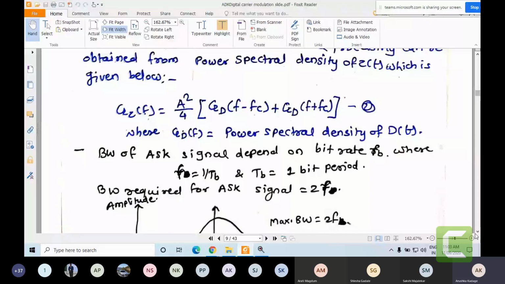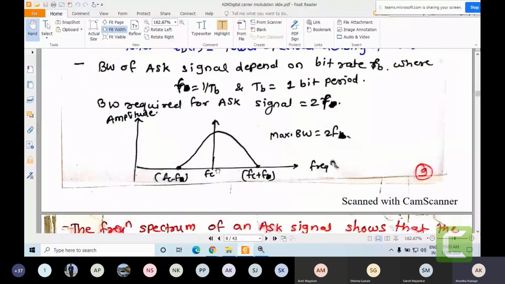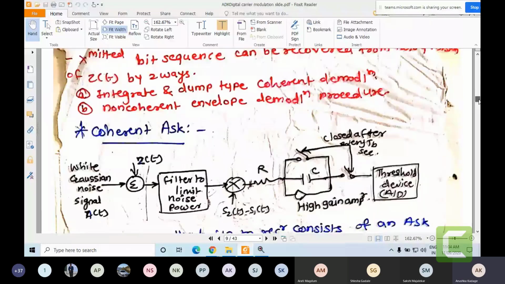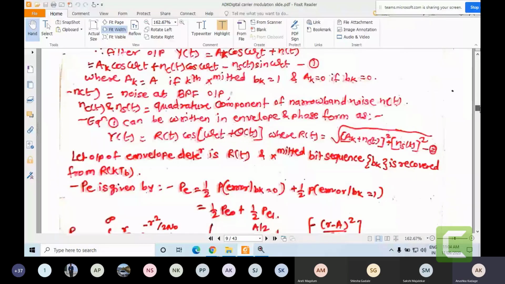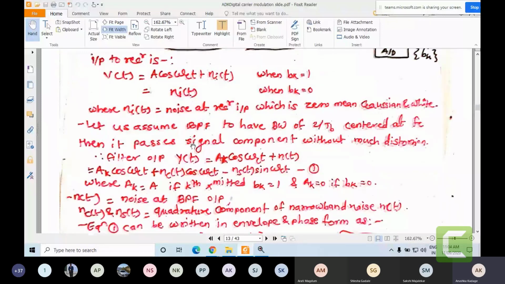That's why around this Fc, that is the carrier frequency, this ASK spectrum has been centered. Then we are saying that this signal is going to pass without much distortion.